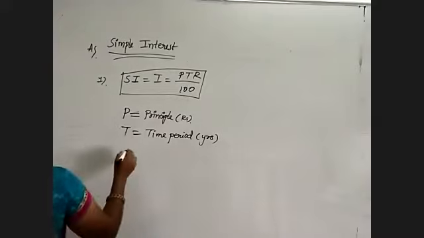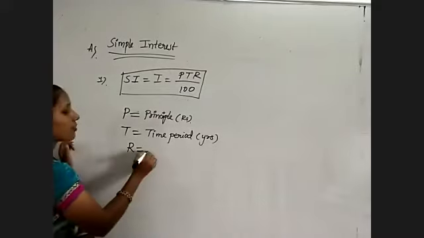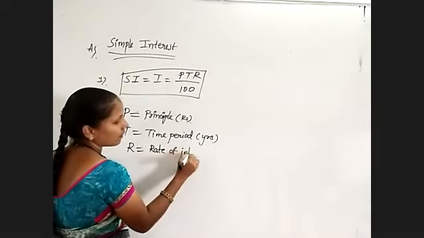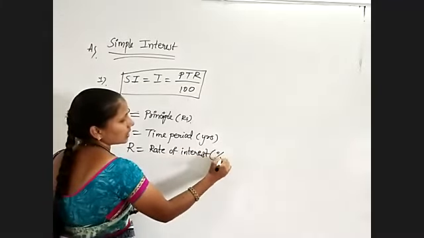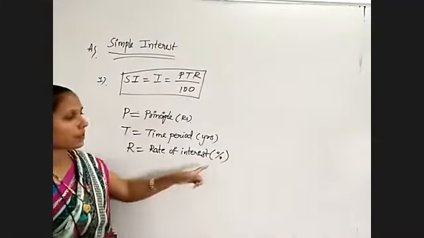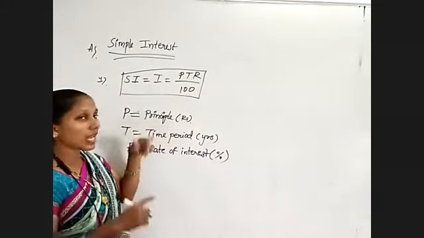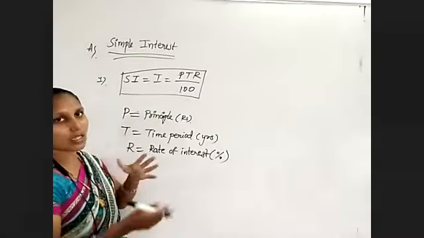And R is the rate at which you are taking that amount, that is, the rate of interest. Rate of interest is always represented using the percent symbol. So if you are getting rupees, that may be principal or amount also. Amount means how much you are paying after some time.